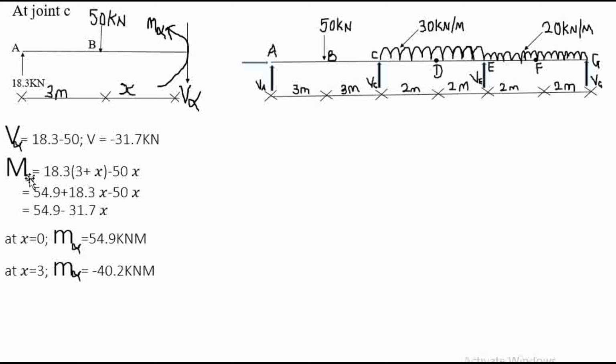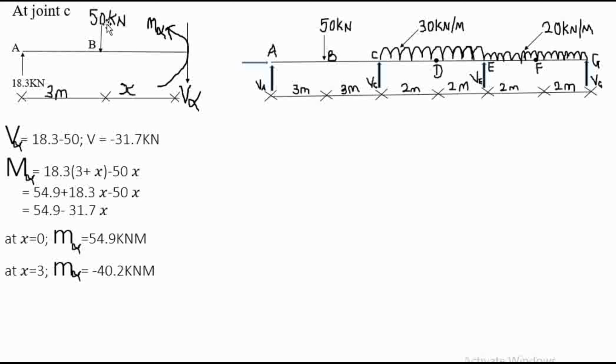That is why we have M alpha equal to 18.3. What distance will this 18.3 cover from here to where you are taking the moment? That is the distance of 3 meters plus X. Remember, I told us that we don't know what X is. So 18.3 will cover a distance of 3 plus X. That is why we have 18.3 into 3 plus X.